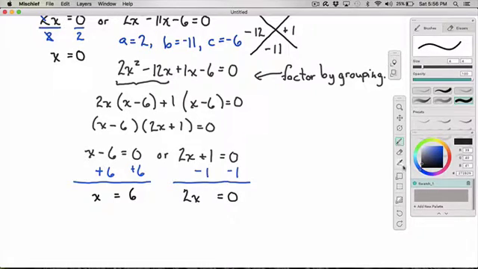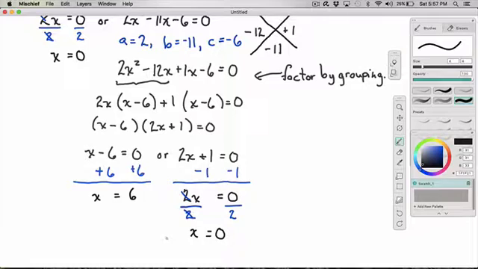Oh, and look, that's the same problem that we did earlier. But that's okay. Let's just try it one more time. Again, we're going to divide both sides by 2 to get x by itself. The 2's on the left cancel. 0 divided by 2 is simply 0. So I have x equals 0.